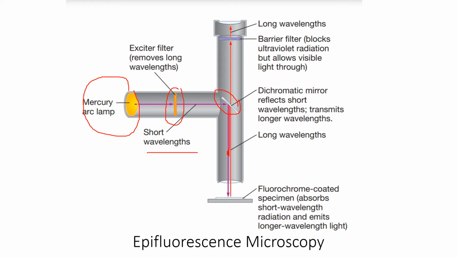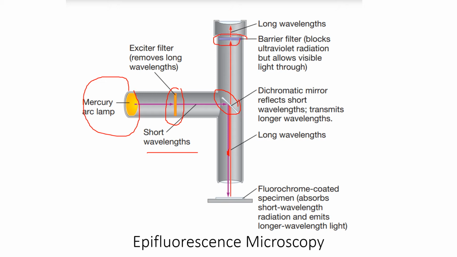Basically, why I'm saying fluorochrome over here is because we are coating the specimen not with simple stains but with fluorochromes, okay? That is to use fluorescent light. That's how we stain our specimen. So these fluorochrome molecules will get excited because of the shorter wavelength high energy light rays, and then finally when they come to their ground state, they will release long wavelength lower energy light rays, and these pass through the dichromatic mirror.